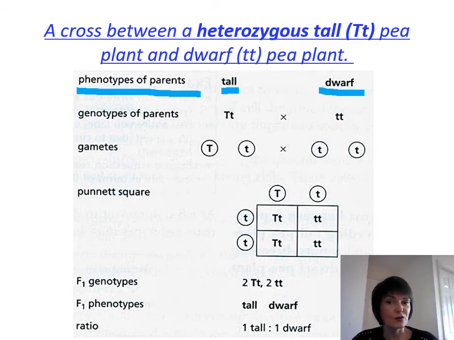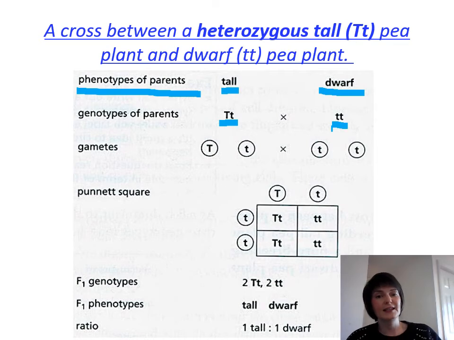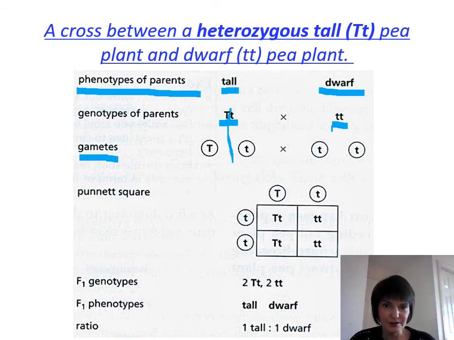We're told that the tall one is heterozygous, so big T, wee t, and the dwarf pea plant must be homozygous recessive, so wee t, and the gametes, again, like what we've done before, just split them in two.